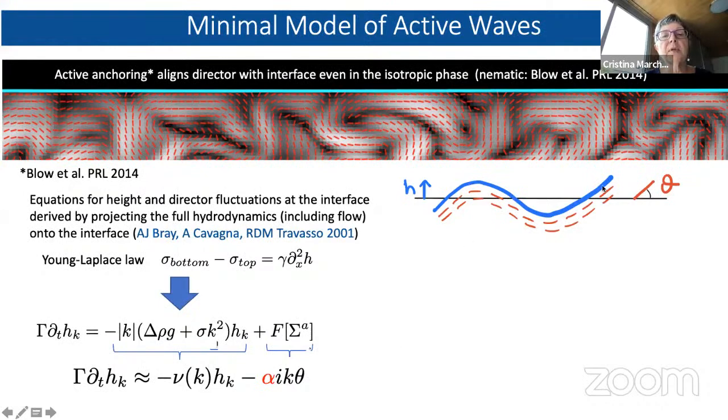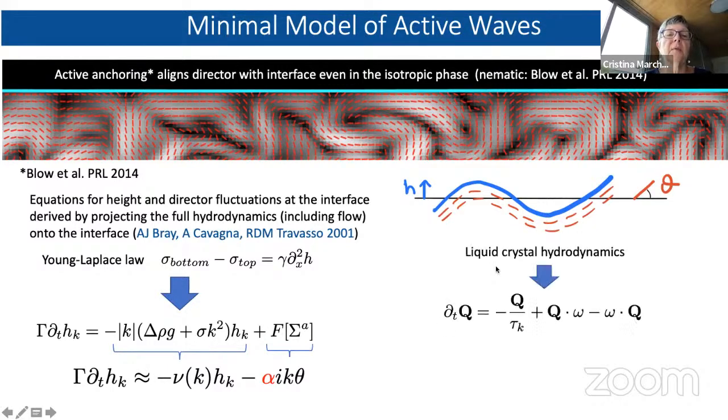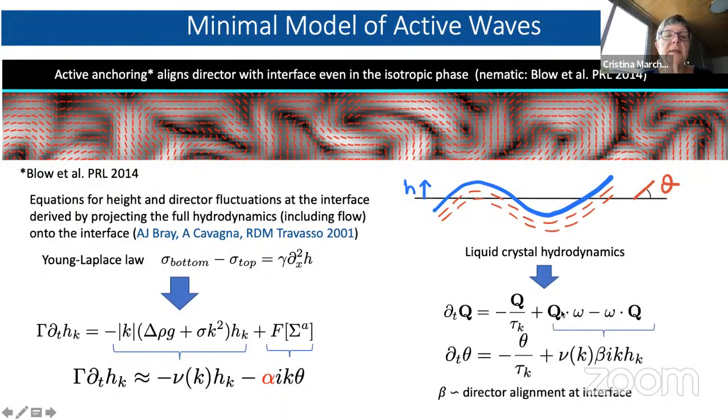Now I want a coupled equation, another equation for the angle fluctuations of orientation of the filaments at the interface. To do that, I go back to my liquid crystal hydrodynamic equations, in a simplified form. Instead of writing the equation for the full Q tensor, I just write it for the angle, which relaxes with a passive relaxation time.